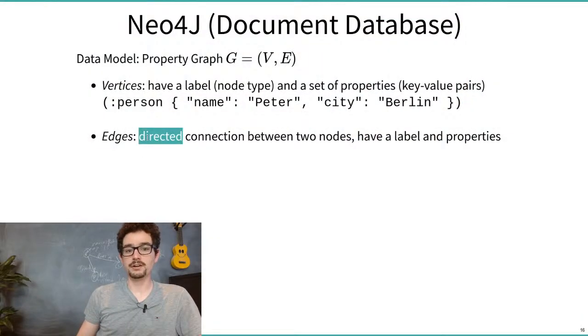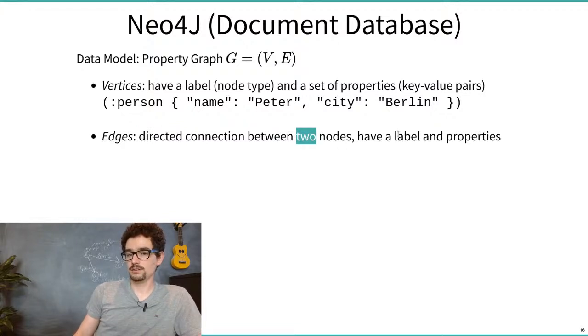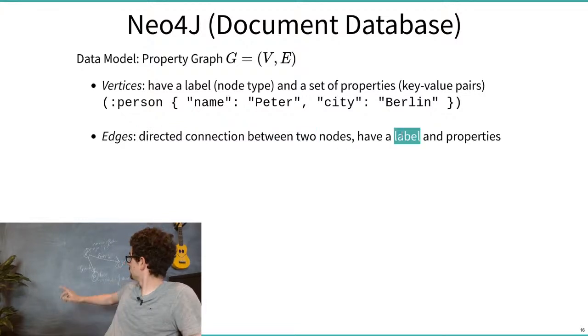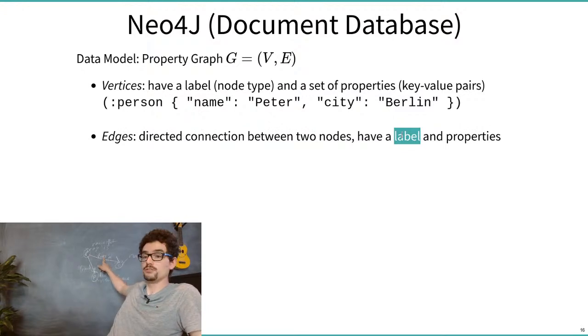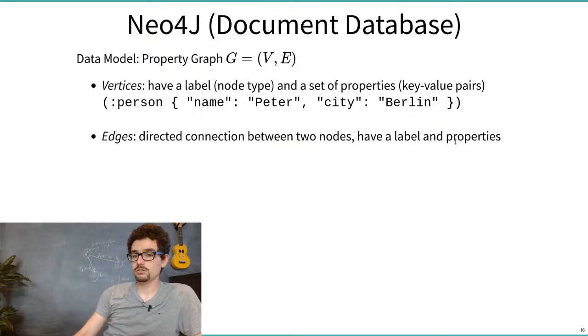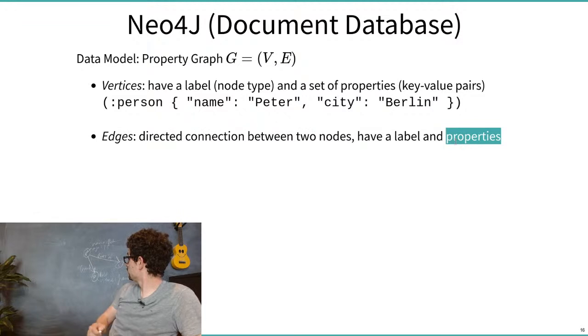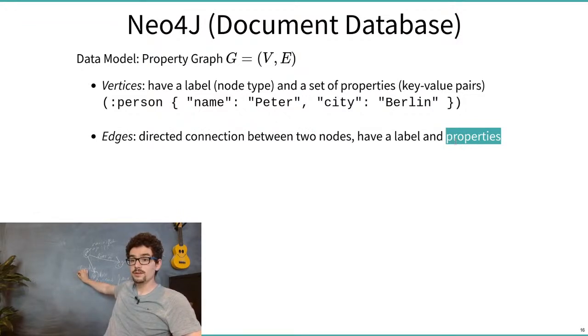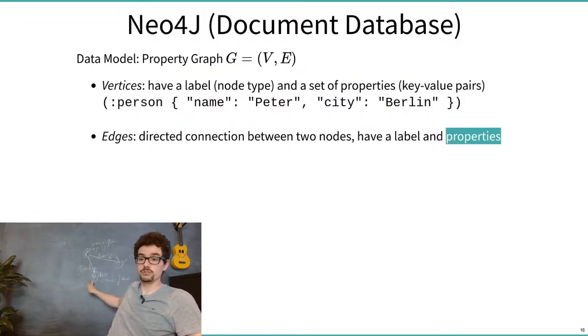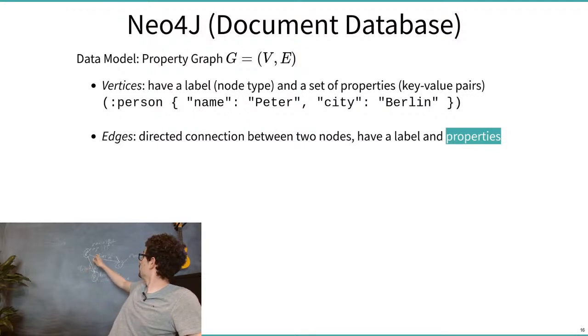So edges are a directed connection between two nodes, and edges have a label, friend, lives in, and edges can also have properties. So since when are Peter and Jane friends? Since when does Peter live in Berlin, and so on.